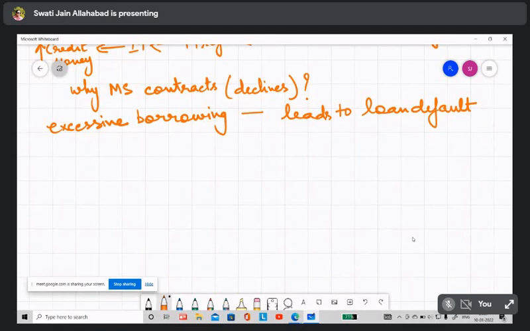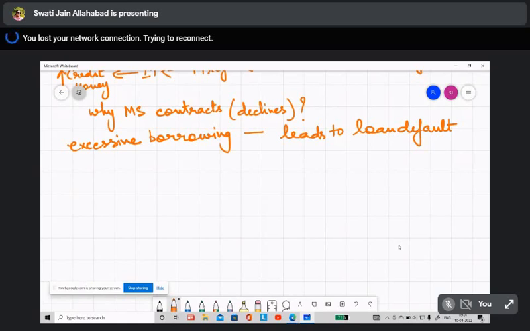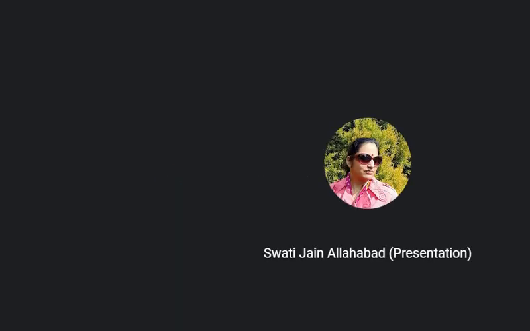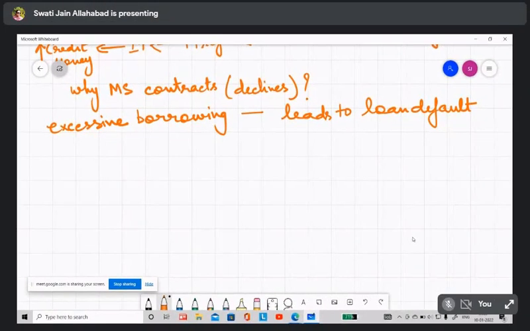So they cannot allow the money supply to increase like this. Money supply may not be the only reason.